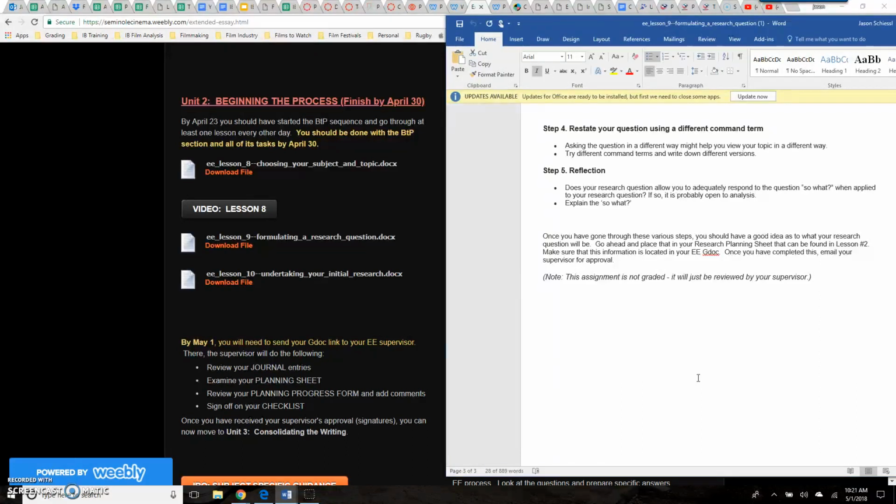And if you try to create a shortcut or try to avoid a step, it is going to compromise the integrity of your extended essay, and it's going to compromise the quality of your work. And you definitely want your work to be showcased and graded appropriately, and hopefully that earns you a high grade. Okay.